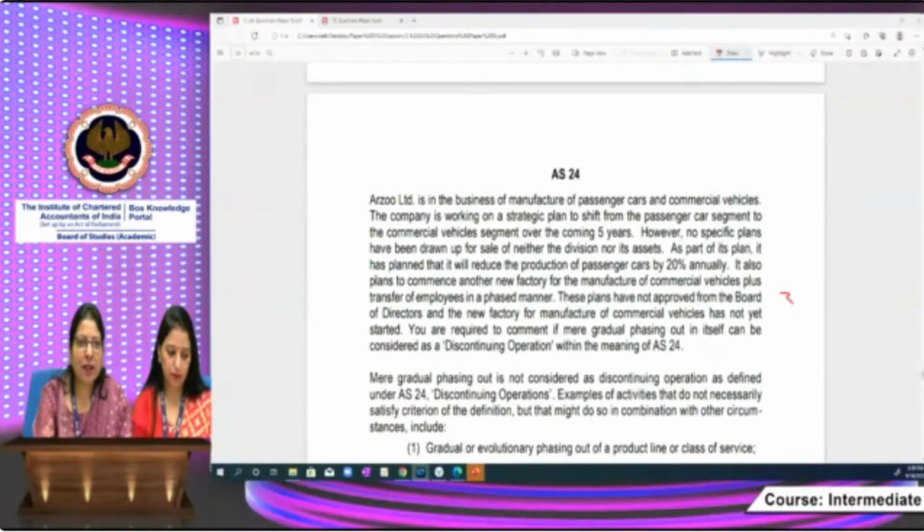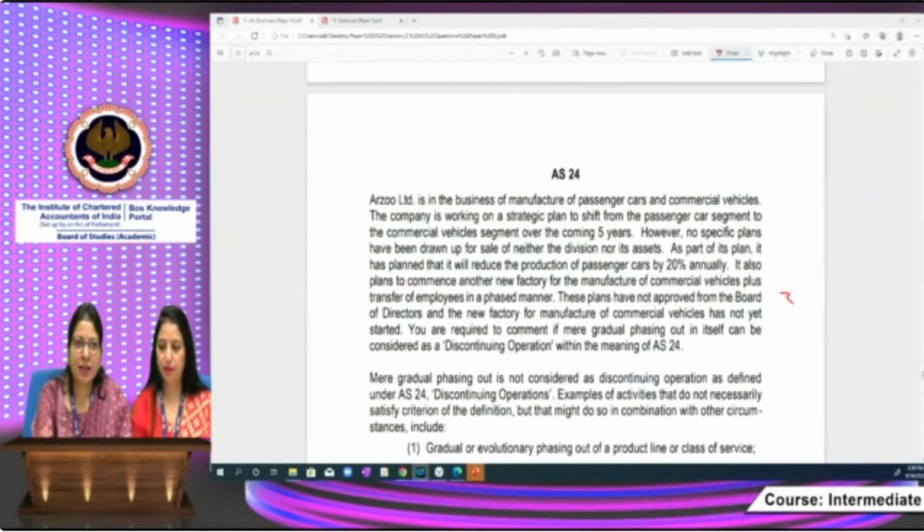You may be given particular situations where you will be given the information. Now you have to identify whether it will be covered by AS24, whether it will be construed as a discontinuing operation or not. If yes, then you have to give the proper disclosures. You have to give the proper reporting for that, and what disclosures are required if it's a discontinuing operation.